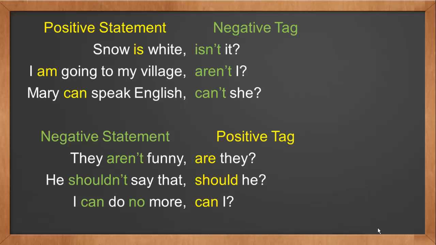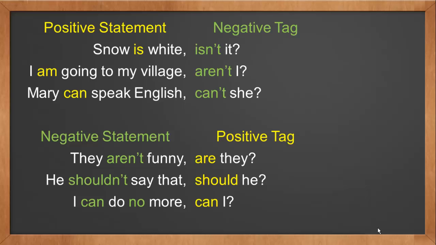For example, if the positive statement is, snow is white, the answer is, isn't it? We use isn't because it is the opposite of the verb is. We use it because snow is an object. So, isn't it? Similarly, I am going to my village.